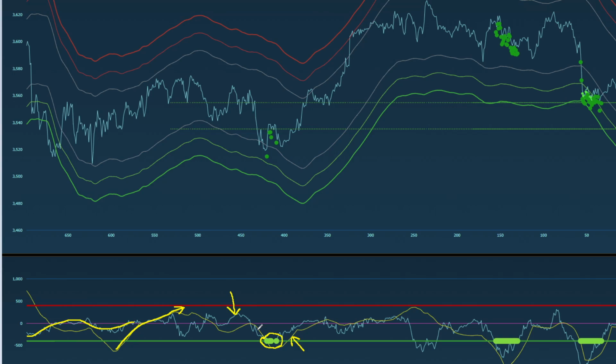So a couple things here. First of all, here's the same idea when you want to initiate this trade. It's not like whenever you see this green dot, you want to be long.